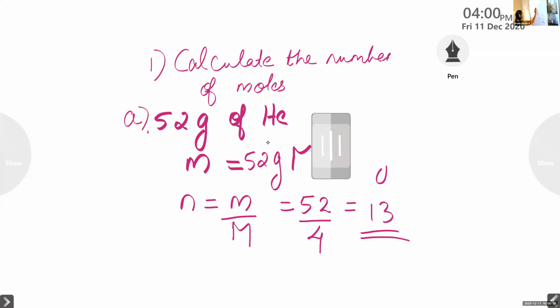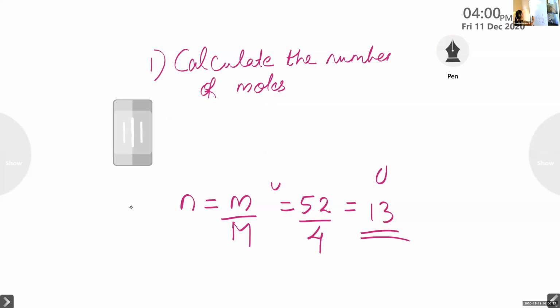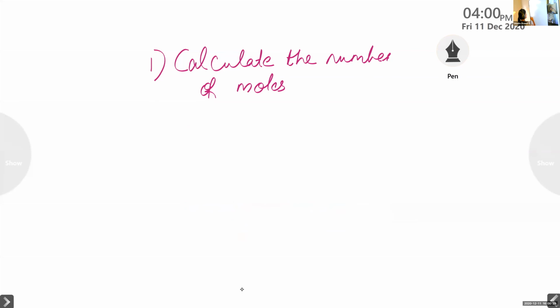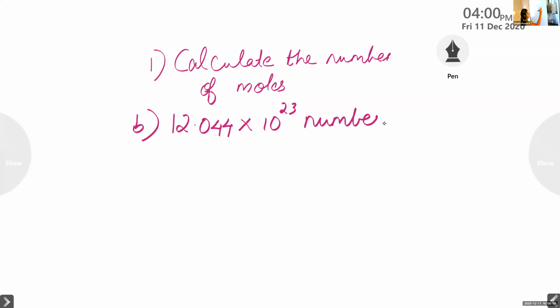Then the next question is B: 12.044 into 10 raised to 23 helium atoms.